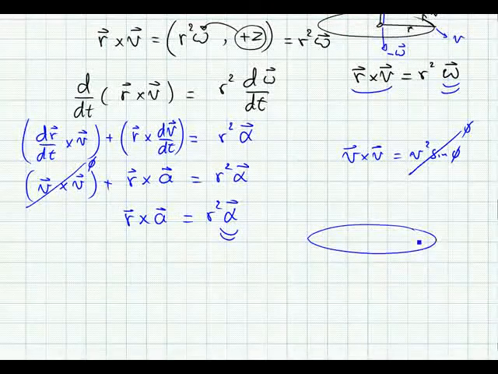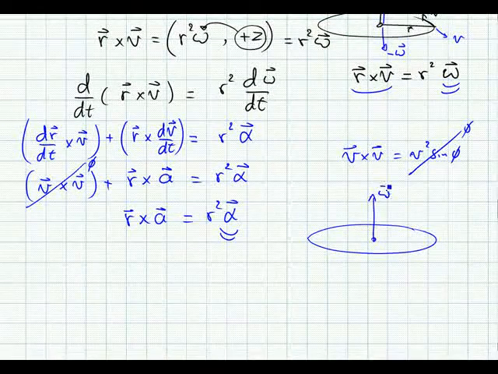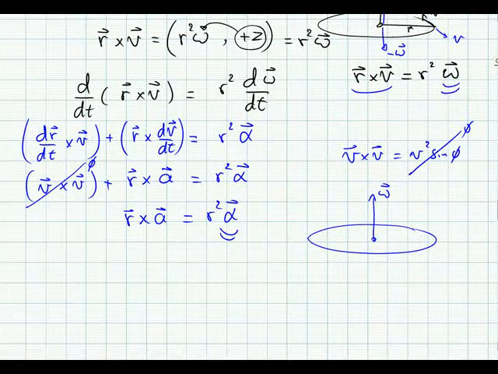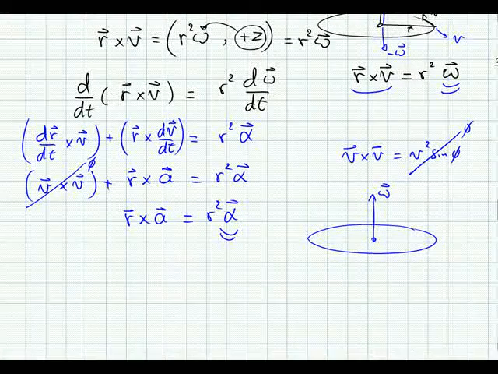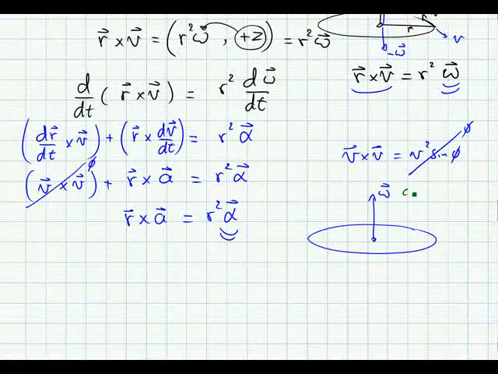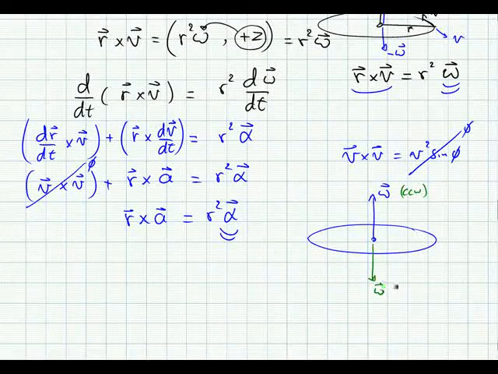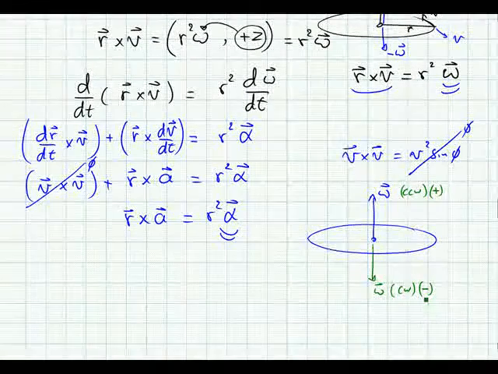Once again, if you have a disk which is rotating with angular velocity omega, and it is speeding up in its counterclockwise rotation, please note that omega upwards is our counterclockwise rotation and omega downwards is our clockwise rotation. So this is the positive rotation that we've talked about so far, and that's a negative sign for the rotation.